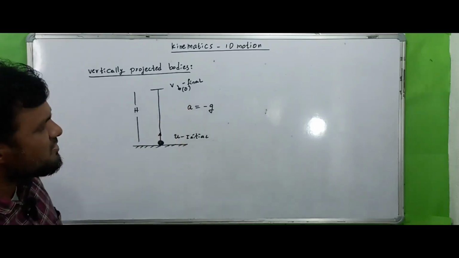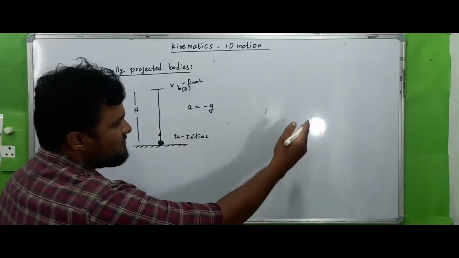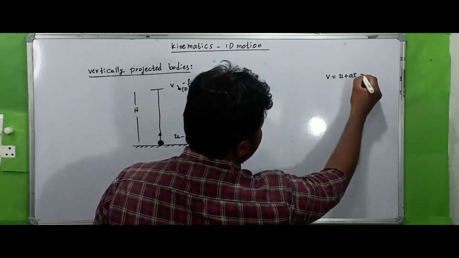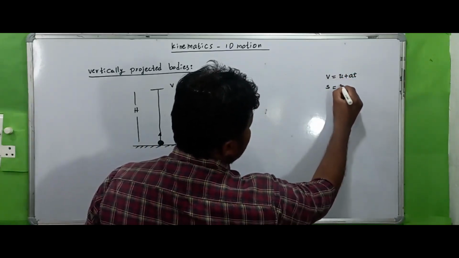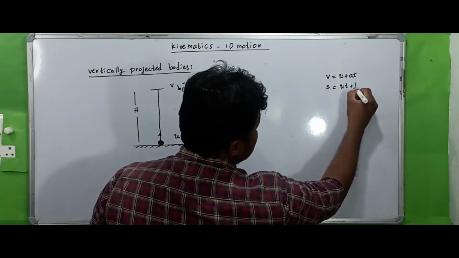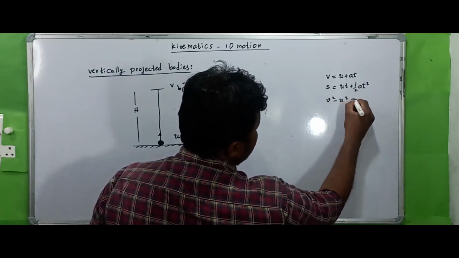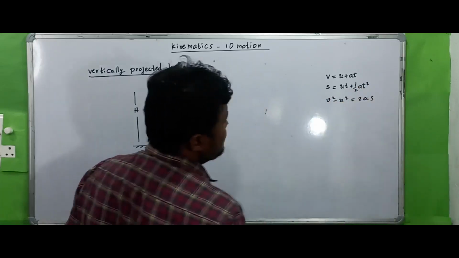Now if you observe the kinematic equations, I will write them here. v is equal to u plus at, s is equal to ut plus half at square, v square minus u square is equal to 2as.